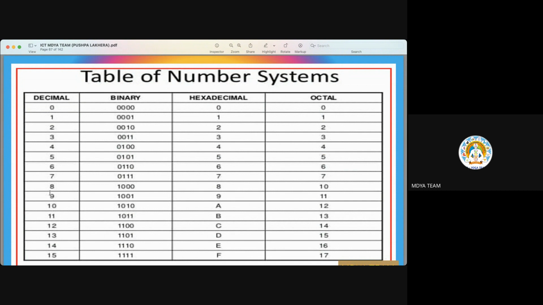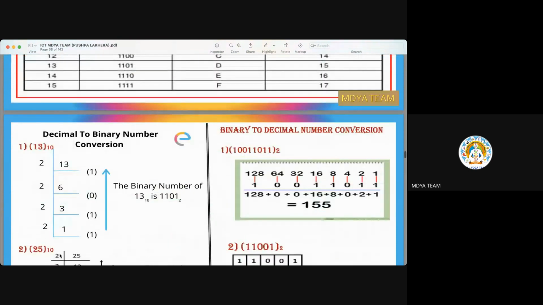This is not the ordinary 17, but it is 15, which is written like this in octal. If you solve it, it will come to decimal 15. If F is the representation of decimal 15, how do they come like that? We'll see the conversion.